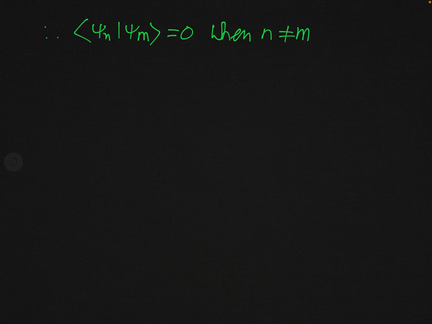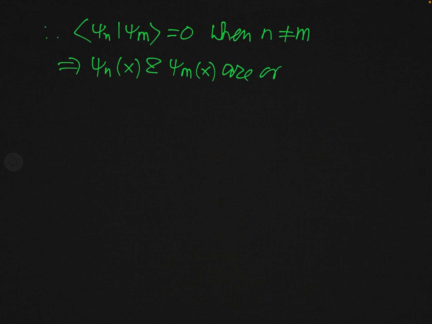Therefore, we can say that the scalar product of psi n and psi m is equal to 0 when n is not equal to m. And this implies that psi n of x and psi m of x are orthogonal.